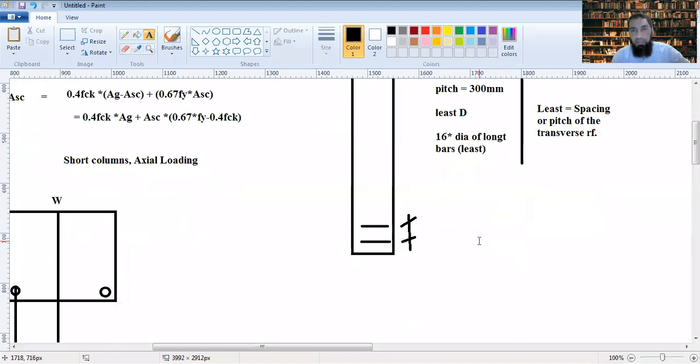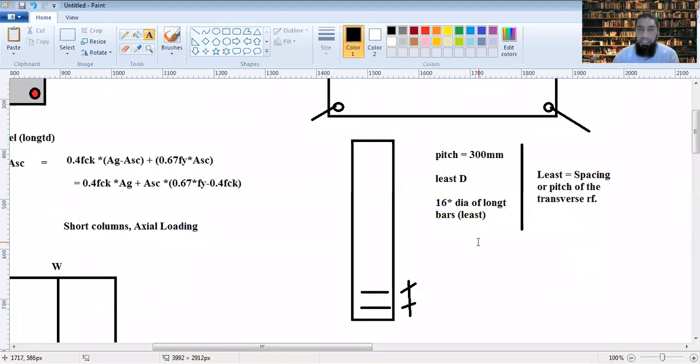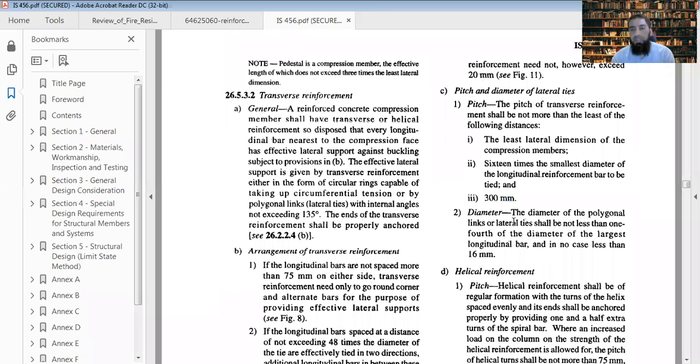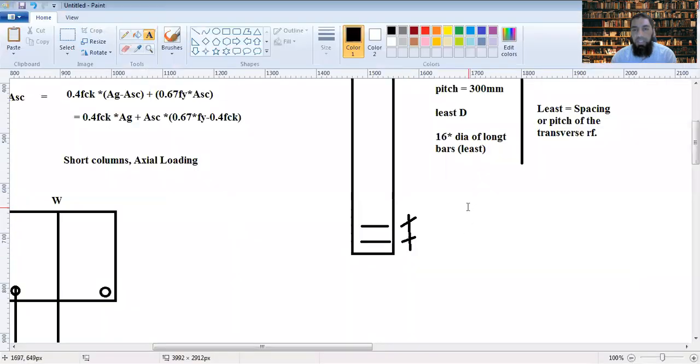Now, there is also the diameter of the polygonal links or the lateral tie, which shall not be less than 1/4 of the diameter of the largest longitudinal bar, and in no case less than 16 mm. So then comes the question of what the diameter is. The diameter of the longitudinal bar, we already discussed, has to be minimum 12 mm.